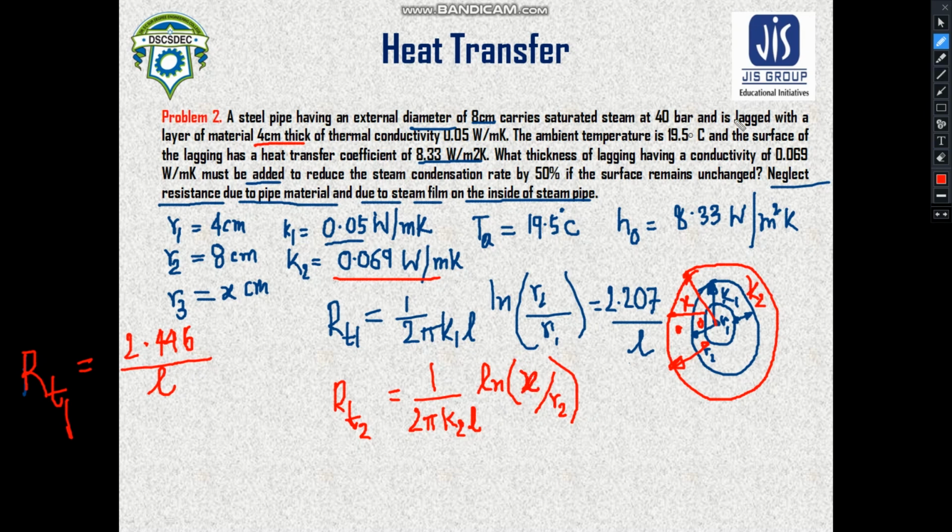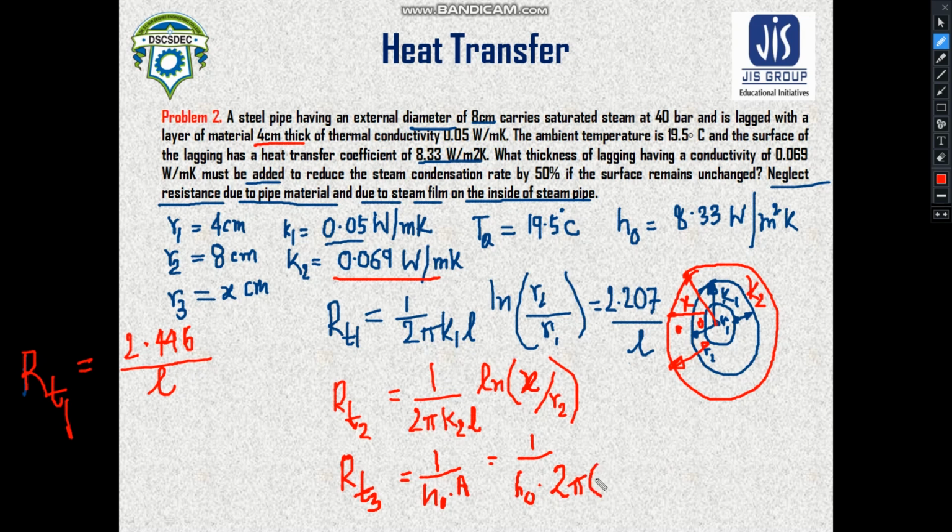So X is the unknown here, and let us take the third thermal resistance. This thermal resistance is obviously because of the convection heat transfer going on between the steel pipe and the saturated steam, and it can be written as 1 by A0 into A. Now here the convection heat transfer area would change into 2 pi into R3.